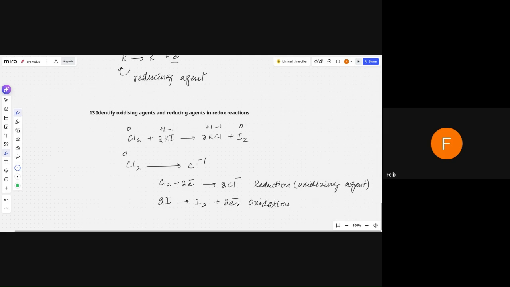This is being oxidized because chlorine has the ability to gain that electron, so iodide is helping chlorine to reduce itself. So this will be the reducing agent. I hope this is clear. Remember that anything that loses electrons is the reducing agent, and anything that gains electrons is the oxidizing agent. I think that is all for this lesson.